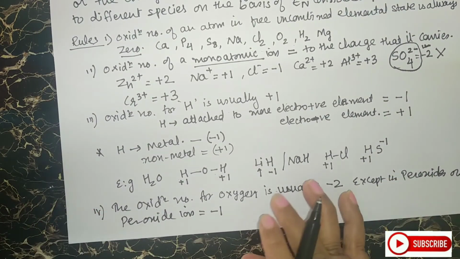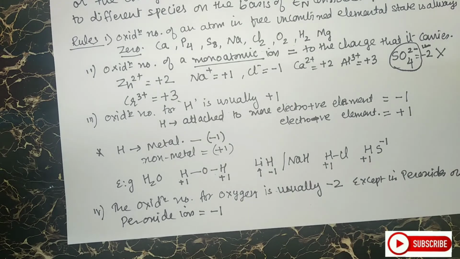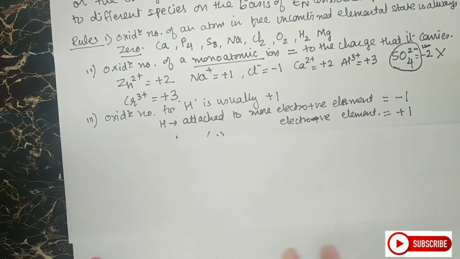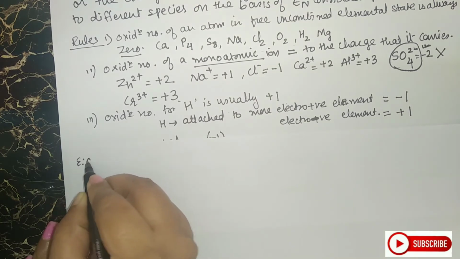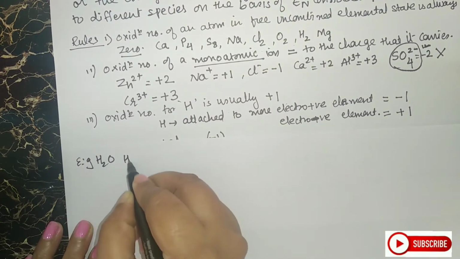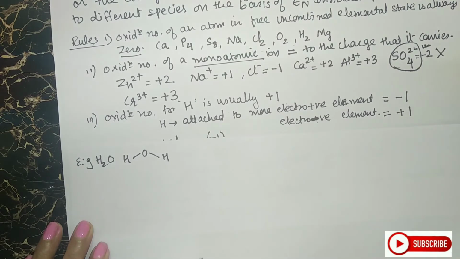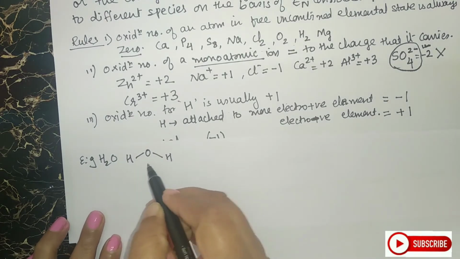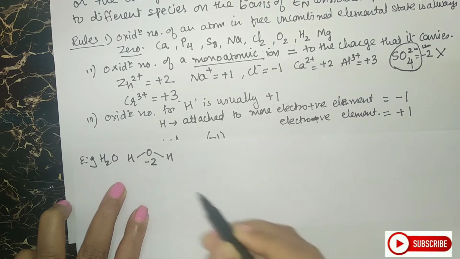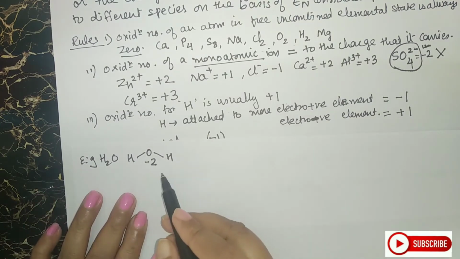So let us take an example and try to understand this. If I take the example of water, how I will write water is HOH. As I said, usually it is -2. So here this is not a peroxide, so I will write this as -2. Oxygen here is -2.